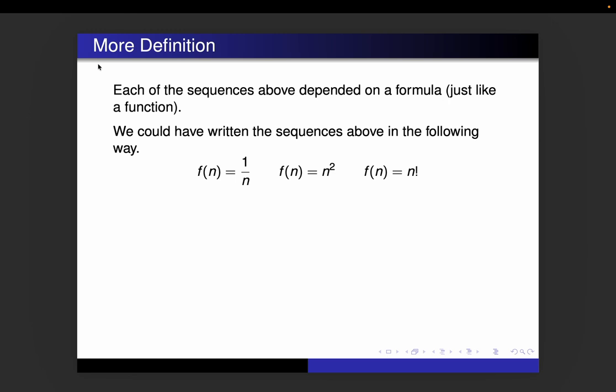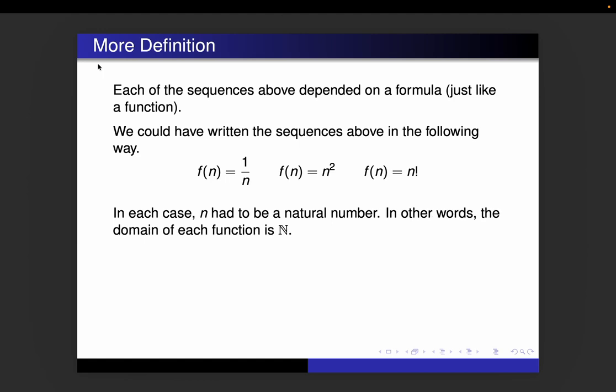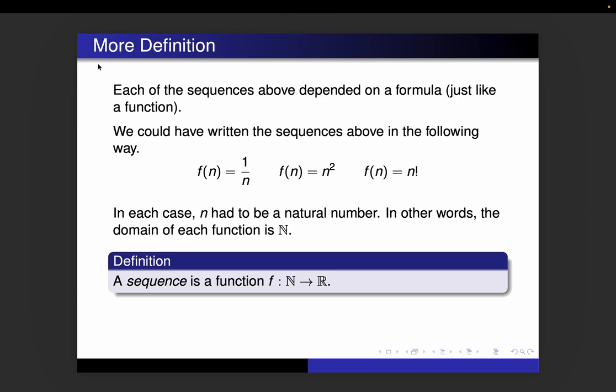And the only thing we really demanded of our function is that our inputs had to be natural numbers. In other words, we could think of a sequence as a function whose domain is the natural numbers. And that gives us our formal definition. A sequence is a function f from the natural numbers to the real numbers.